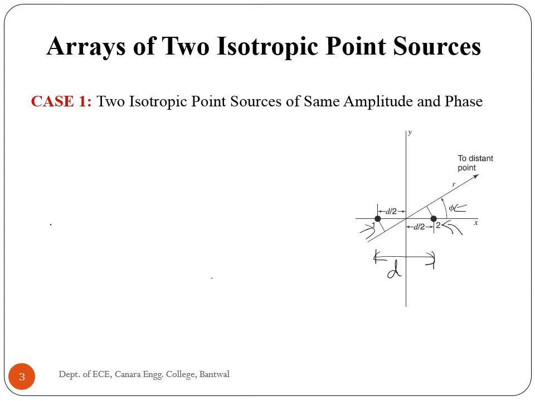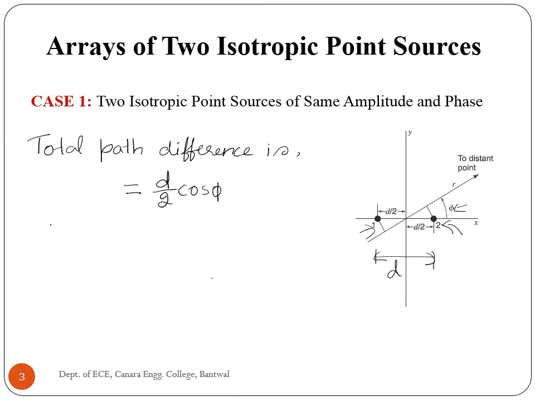The total path difference is d/2 cos phi plus d/2 cos phi.